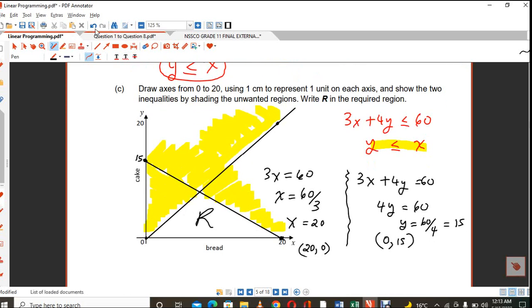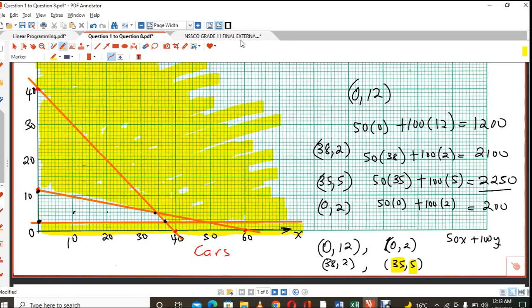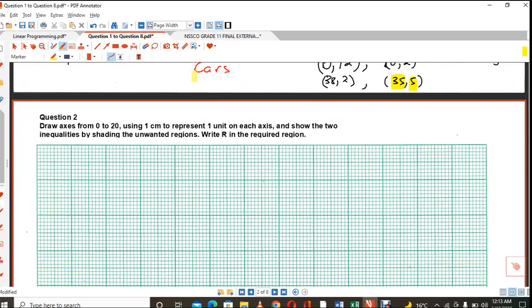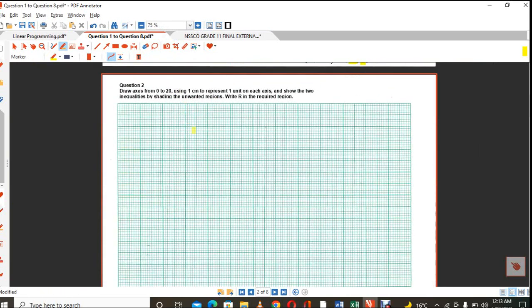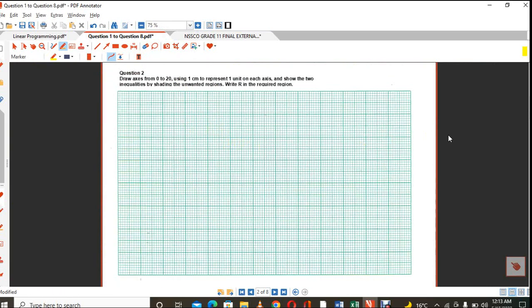So let's just go then to question 2 for our graph. And question 2, I'm just going to make this a bit smaller so that it can fit, 75%. Okay, so they say our axis should be 1 centimeter represent 1 unit, so 0 to 20 on each axis.